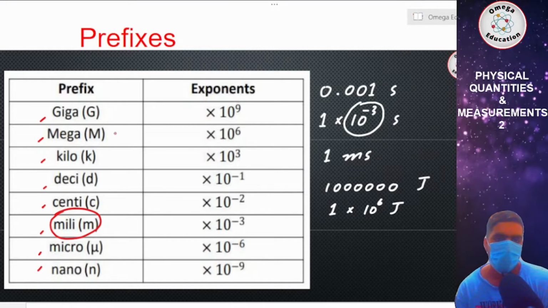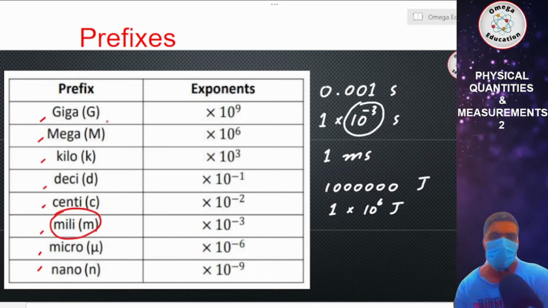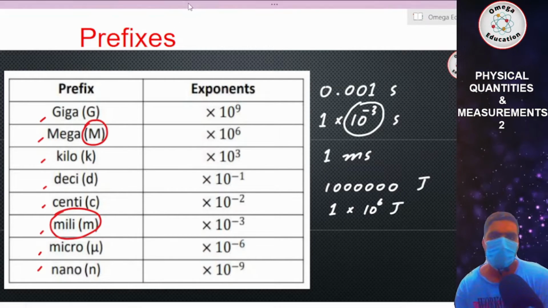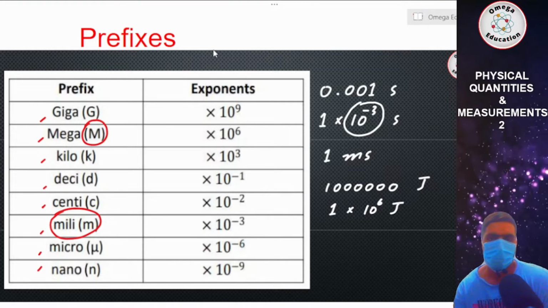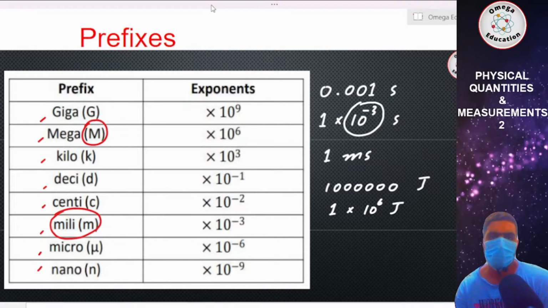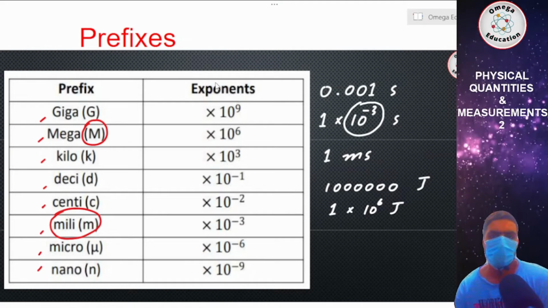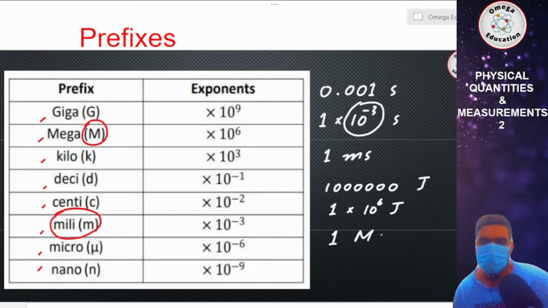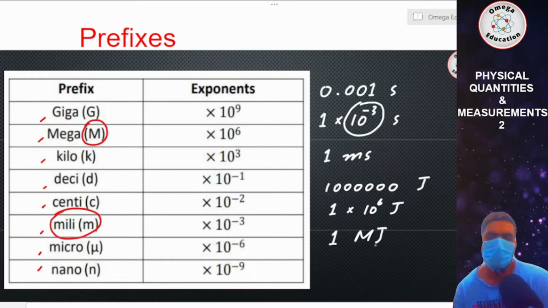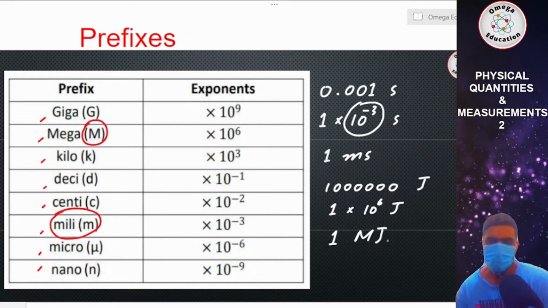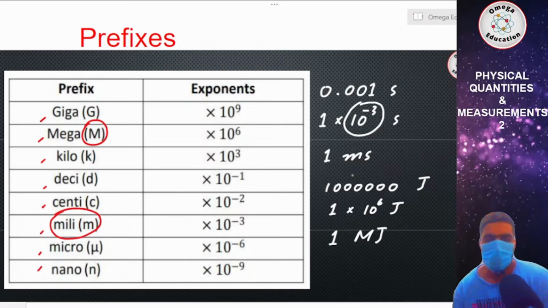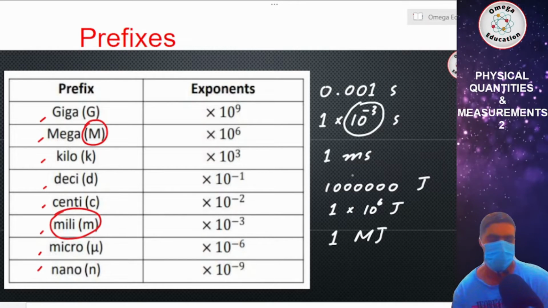So what I can do is, instead of writing 10 to the power 6, I can simply use the symbol for the prefix 10 to the power 6, that is mega, and the final form would be 1 megajoules, with no space between mega and joules, no space between m and j. So this is the advantage of using prefixes.